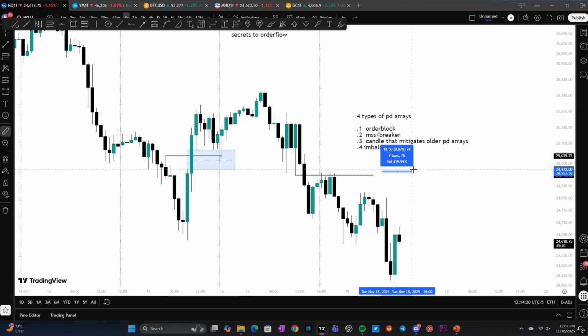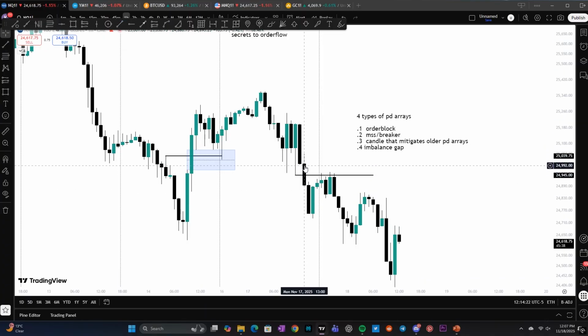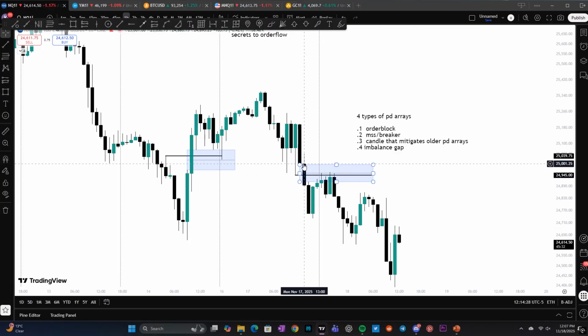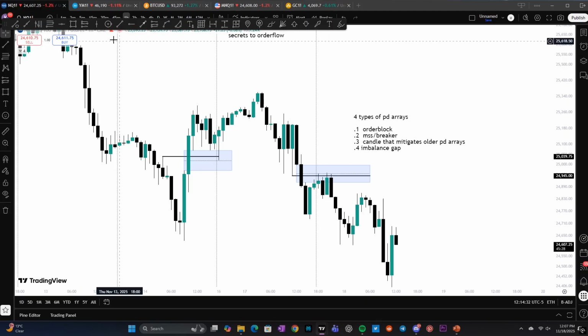Next time, again, a swing low gets taken and the candle that displaces creates an FVG and acts as support.